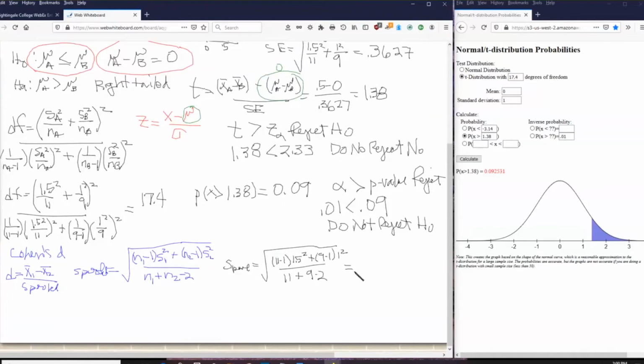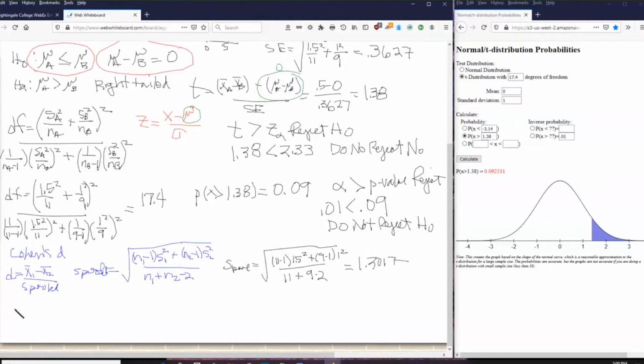And then when we do that calculation, we end up with 1.3017.